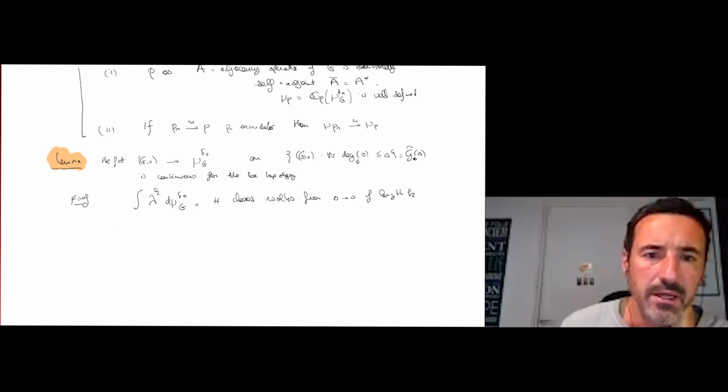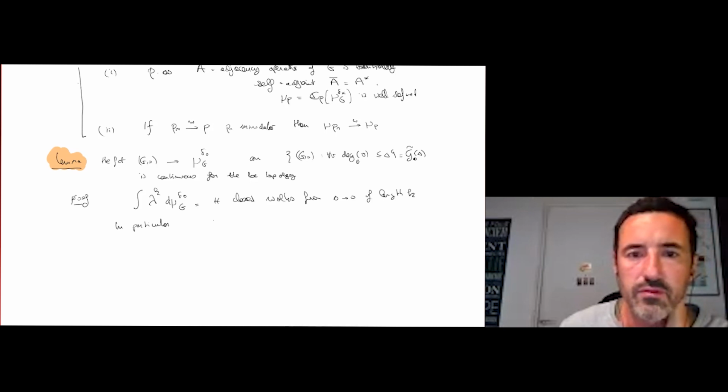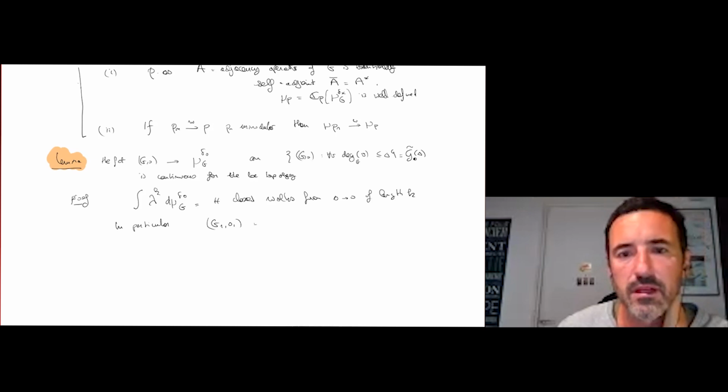In particular, if you have two rooted graphs, (G1, O1) and (G2, O2), which are isomorphic up to radius h. So this is a good time to recall this notation.